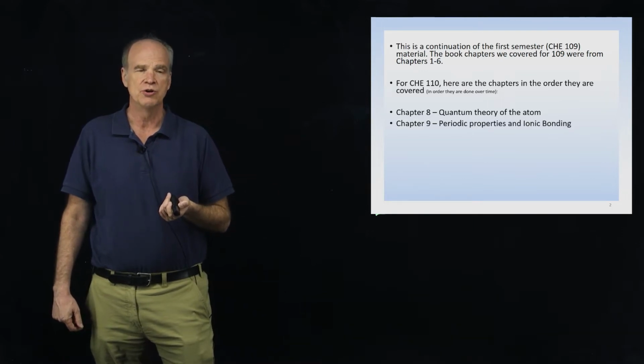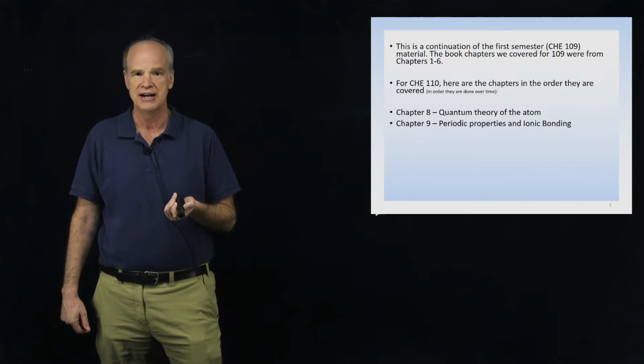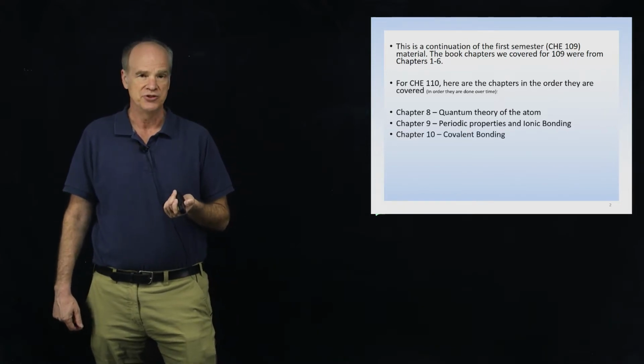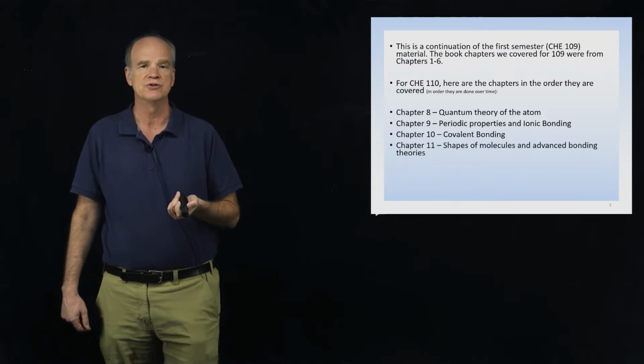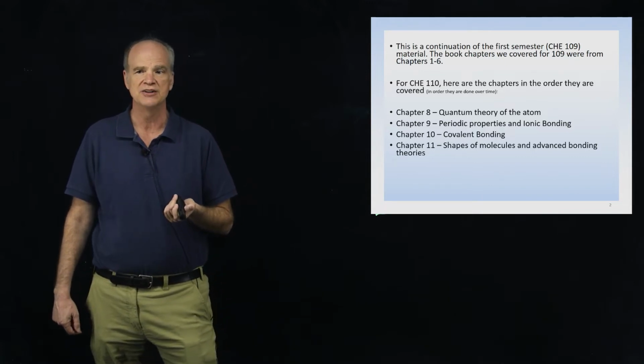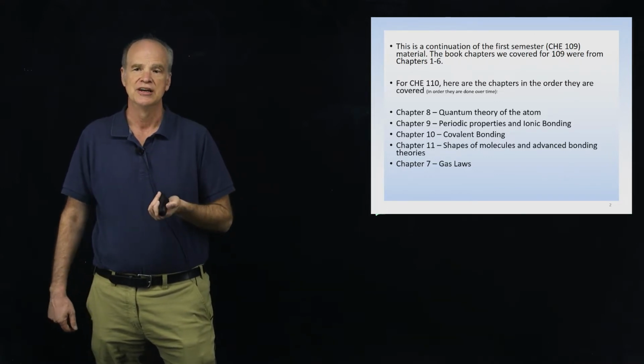The next thing we'll go into is periodic properties of atoms and details about ionic bonding. Then chapter 10 is on covalent bonding. Chapter 11 is next with the shapes of molecules, and we'll talk about some advanced bonding theories. And then finally, we'll go back to chapter 7 and we'll talk about the gas laws.